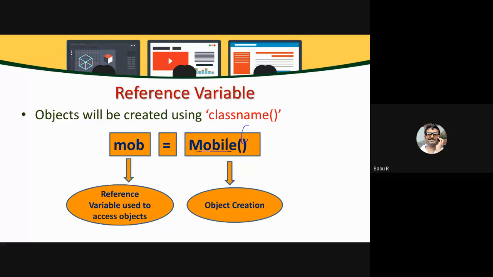In order to use that object, we have to create a reference variable. On the left-hand side of the equal sign, you give the reference variable, through which you can access the object created for this class.